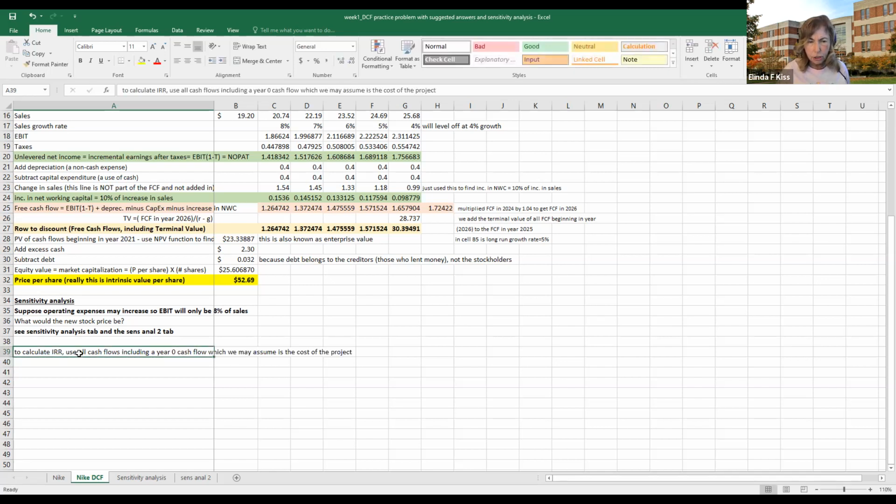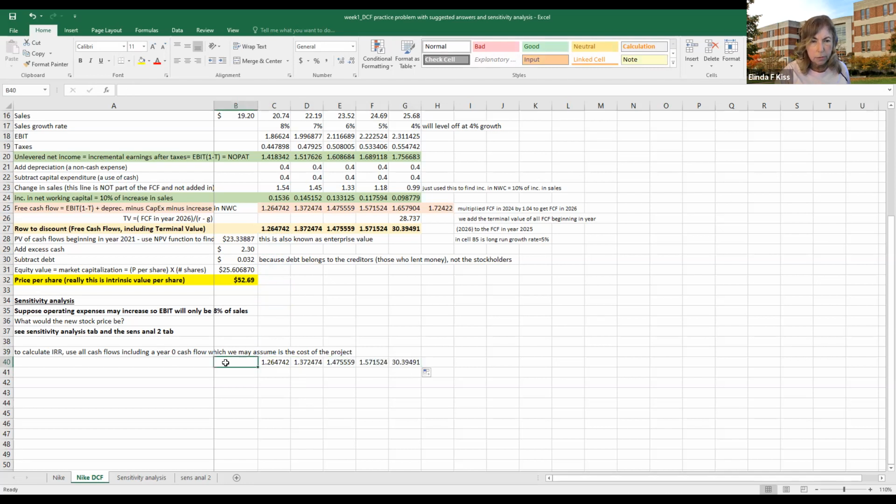Sometimes in some of the projects, there may be cash outflows in more than year zero, but let's just take the numbers that I have here in row 27. I'm going to take these numbers, all in billions, and add a year zero number to it.